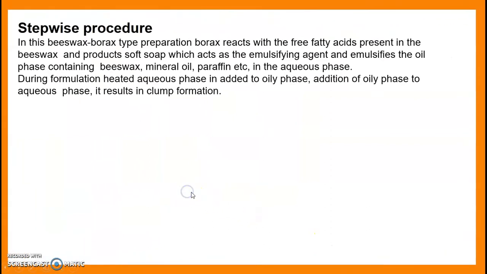Then we move toward the stepwise procedure. In this beeswax borax type of preparation, borax reacts with the free fatty acids present in the beeswax and produces a soft soap, which acts as an emulsifying agent and emulsifies the oil phase containing beeswax, mineral oil, paraffin, etc. This is the oil phase, and in the aqueous phase there is water.